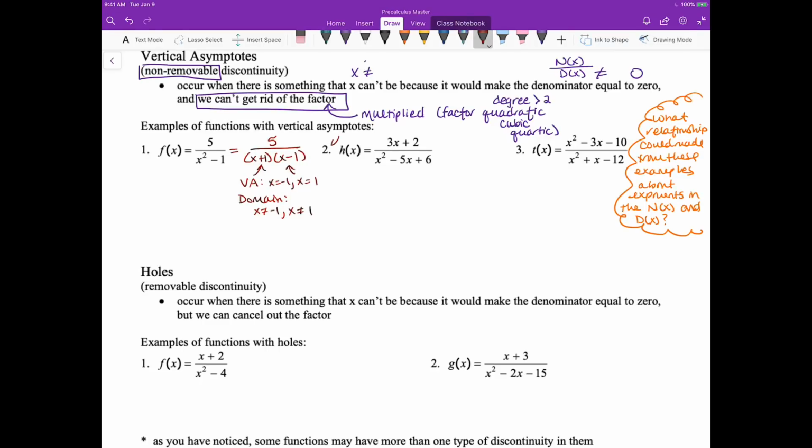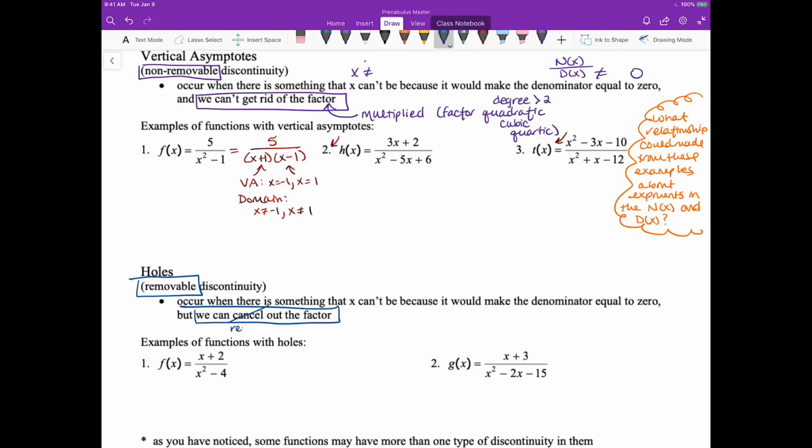So I'll leave you to do these two examples. See if you can find factors that cancel out as opposed to factors that can't cancel out or get rid of, as opposed to holes where we can remove the factor. So holes are a removable discontinuity because we can remove the factor.